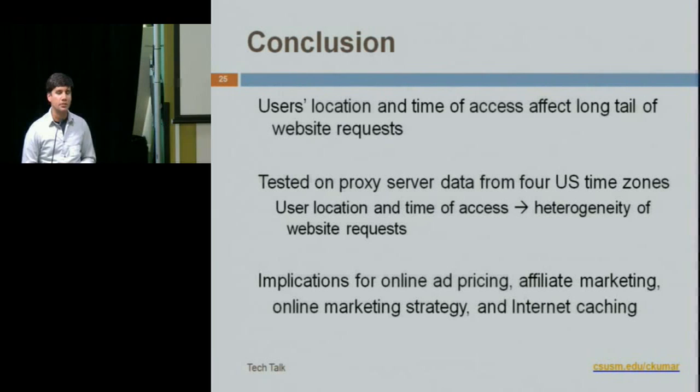The first hypothesis, that there is indeed a long tail behavior in terms of diversity of website requests. This is true at the aggregate level as well as for each of the individual 4 server locations that we considered.